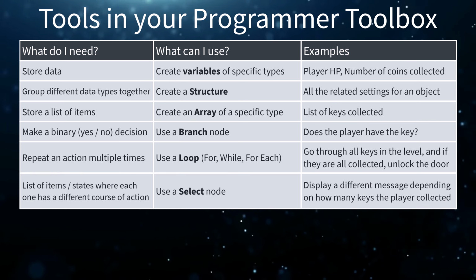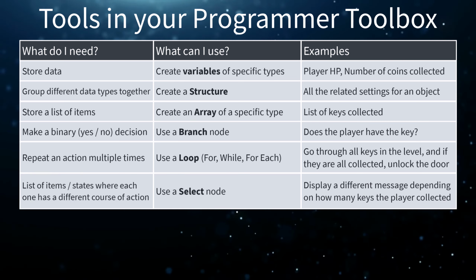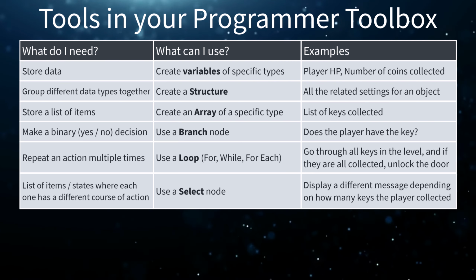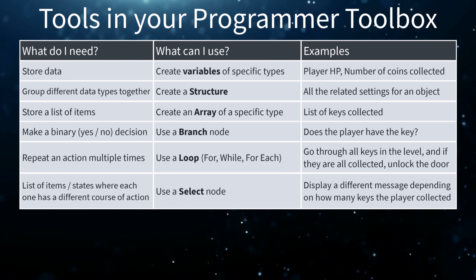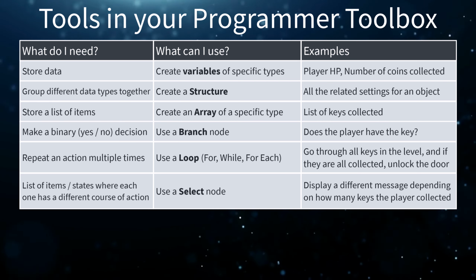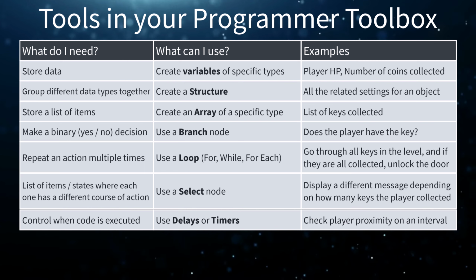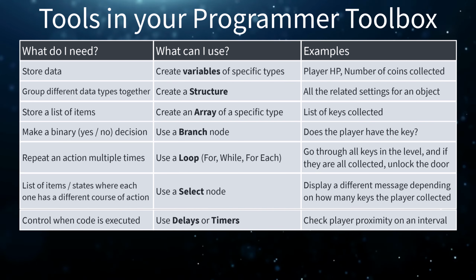If you have a list of items or states where each one has a different course of action, you can use the select node, also known as the switch statement in programming. For example, if you need to display a different message depending on how many keys the player collected, you can use the select statement. If you need to control when the code is executed, you can use a delay or a timer.